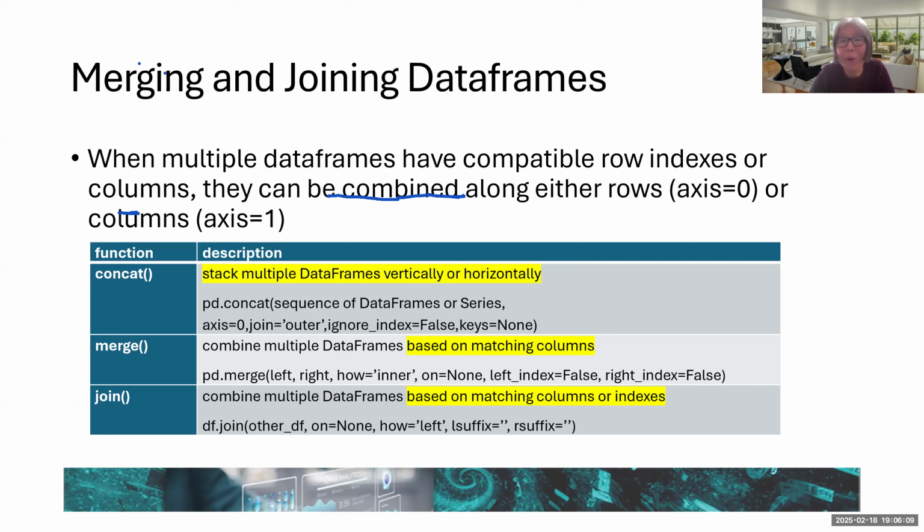And when you do combine, you can specify which axis to combine along. Previously we also learned, axis 0 is for rows, axis 1 is for columns. And there are three functions that will allow us to do that. One is the concatenate function.